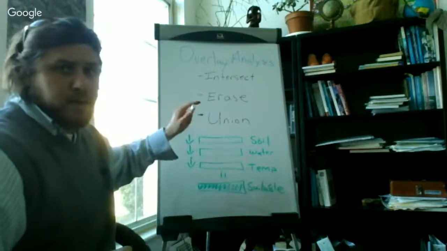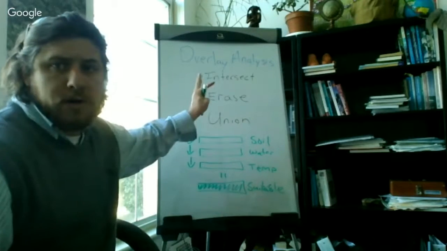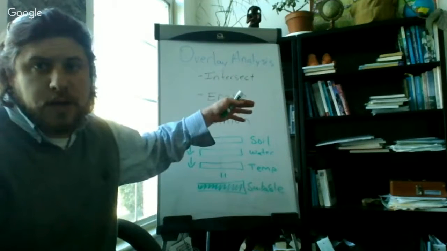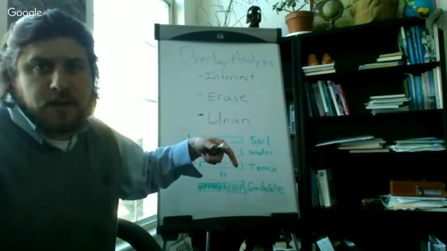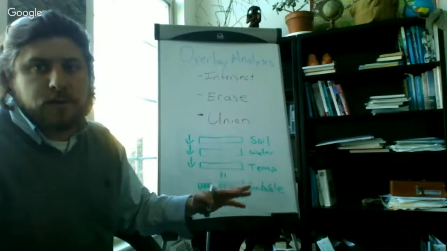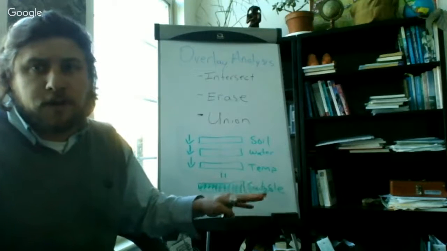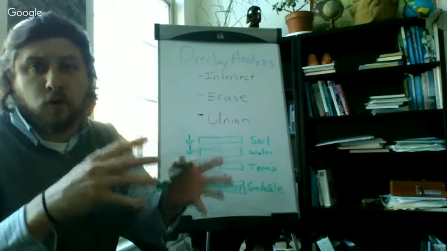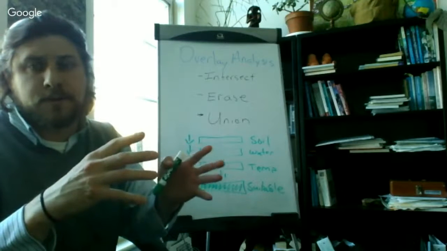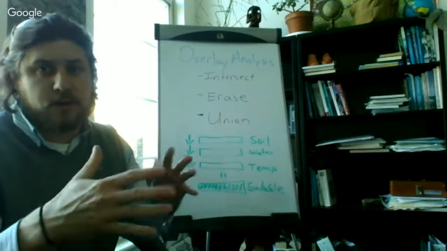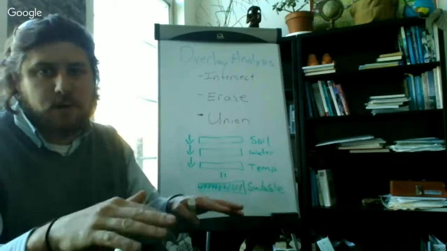I don't care what GIS package you use, whether it's QGIS, GeoMedia, or ArcGIS. The basic overlay tools exist in all of these packages. In ArcGIS they happen to be compartmentalized in the overlay toolbox, but these tools exist in any other GIS, so what you learn here conceptually is the same across all platforms.